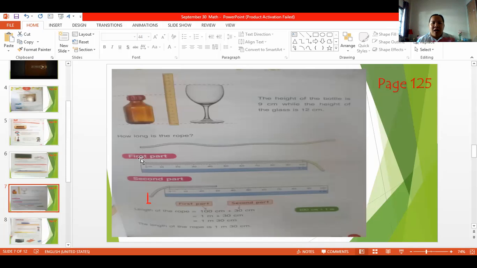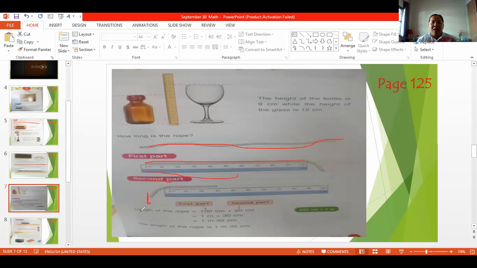So here, first part, just look at the picture on the PowerPoint. If you can measure with a rope like this, you can measure the same way. You can put the thread the same like that, and you can find out how long it is. The same as in the second part.